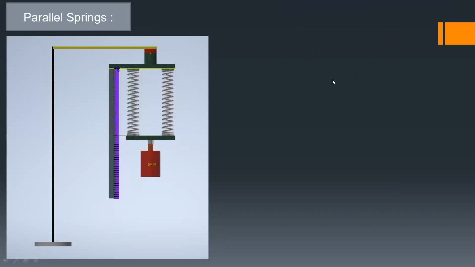Now we will conduct the experiment for the parallel arrangement of the springs. You can take the screenshot and draw the diagram in your write-up. This is K, and the K value is 200 Newton per meter. So here the stiffness of the spring is known, which is 200 Newton per meter.